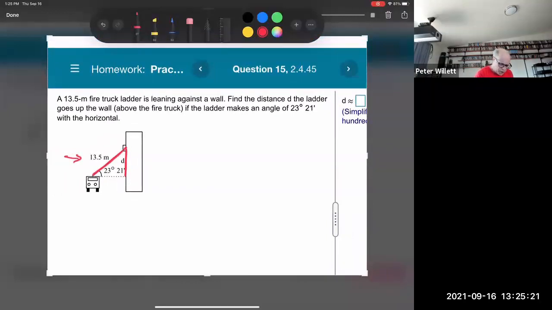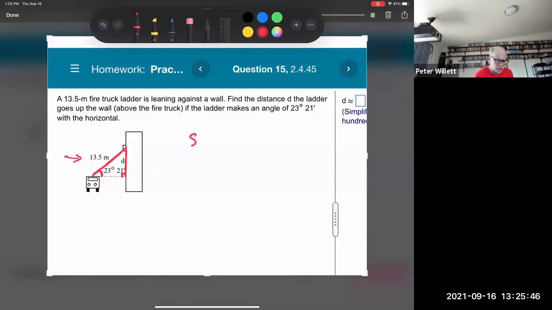So they're telling us this angle here, and we do have a right triangle here. And so we want to find D compared to the angle they gave us. D is opposite the angle, and we know the hypotenuse. And opposite relating to hypotenuse is sine.